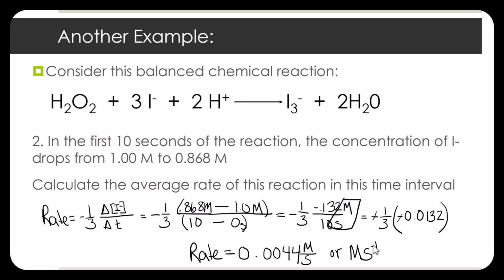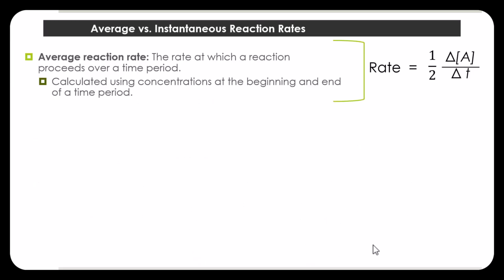Okay. All right, so I want to summarize what we've been talking about, and then show you how that's going to be different from what we're moving forward into. What we've talked about so far is the average reaction rate. Think about average with something we're familiar with, like traveling to Raleigh.